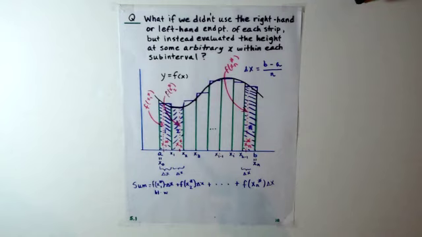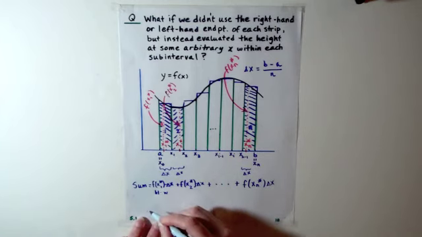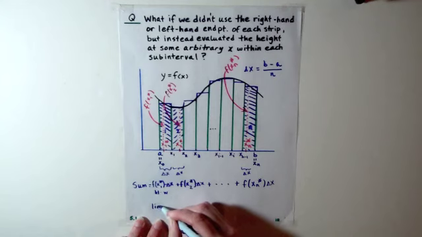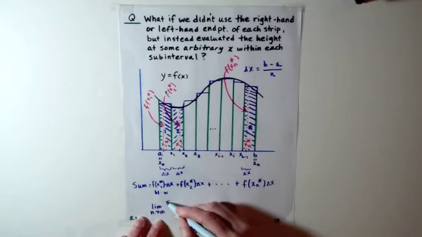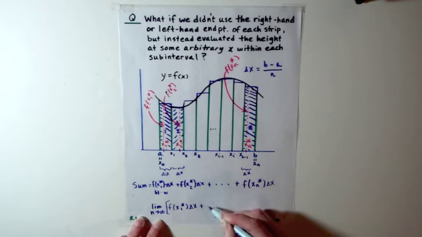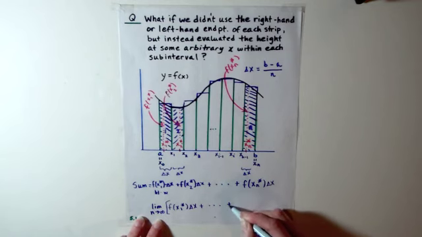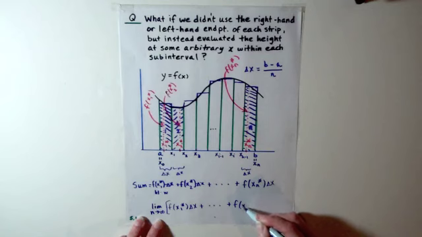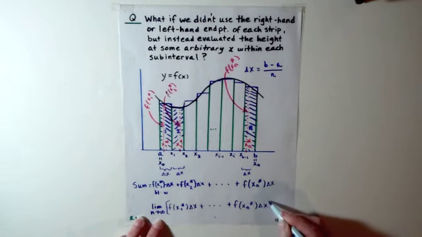Well, now what I want you to do is think about, again, letting our number of rectangles go towards infinity. So if we thought about the following, if I did the limit as n goes to infinity of this sum, f of x1 star delta x plus, I'm not going to write that second term, all the way up to f of x n star delta x, what would happen?